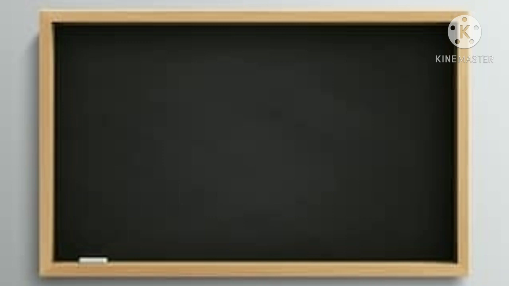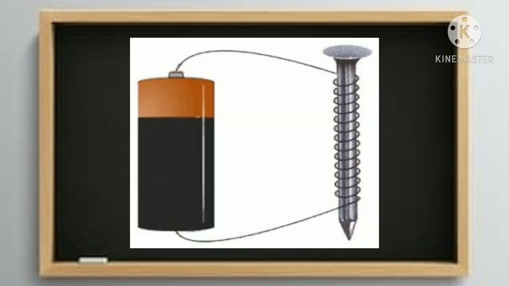So how will you make an electromagnet? The making of an electromagnet is very simple. Take a soft iron piece or a soft iron nail, most preferably a soft iron nail. Wind it with copper wire as shown in the figure, and the two ends of the copper wire should be connected to a cell.